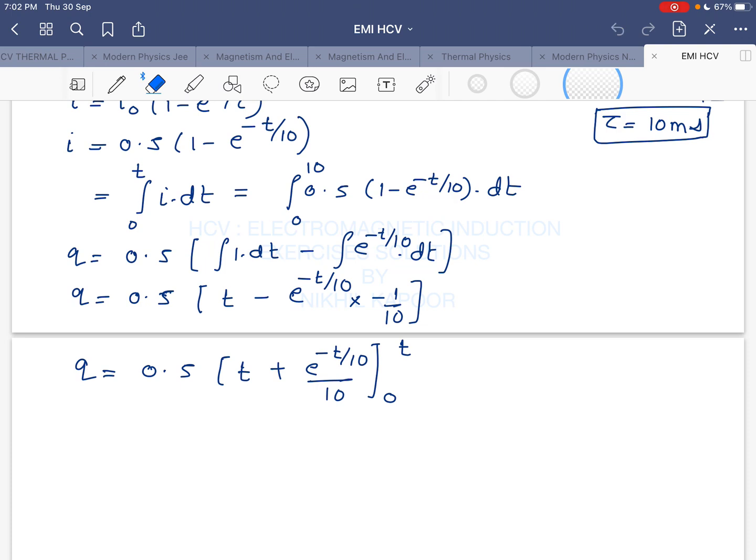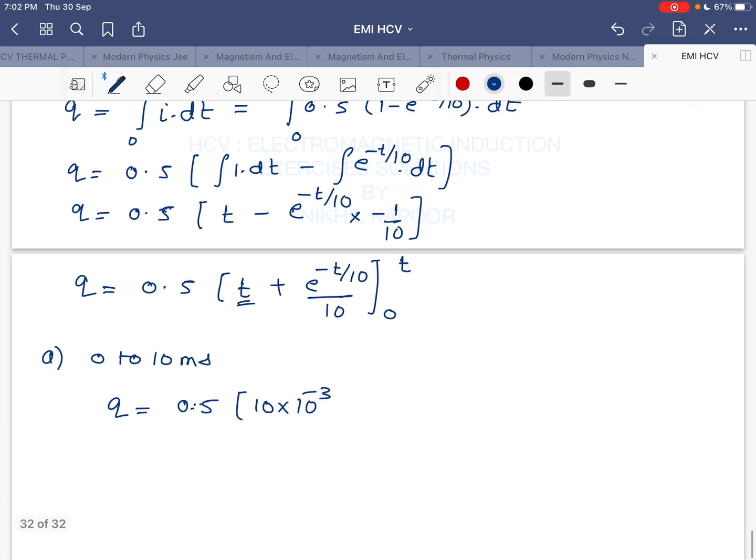Okay, and now I can solve the A, B, C parts one by one. That is for the first part, from 0 to 10 millisecond. So the upper limit will be 0.5 and then, in place of t, it will be 10 millisecond. Be careful, we should take an SI unit, that is second, plus e raised to minus 10 millisecond upon 10 millisecond.